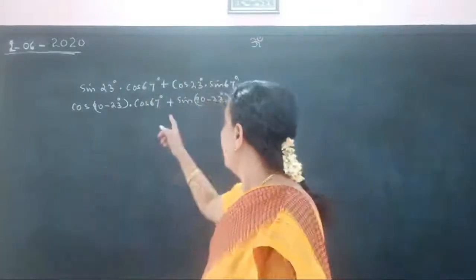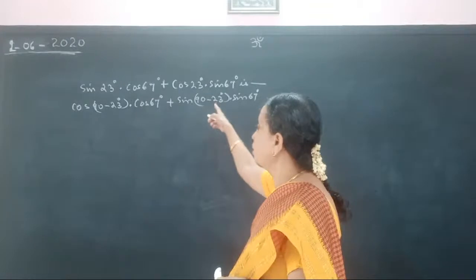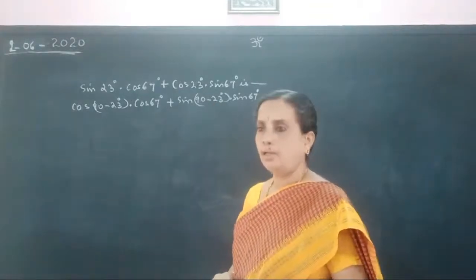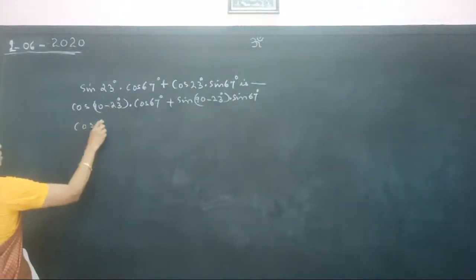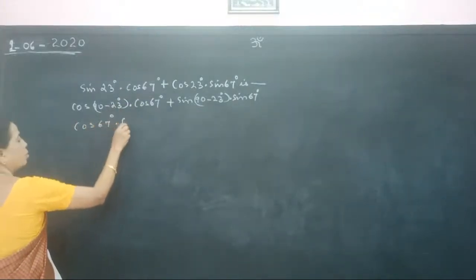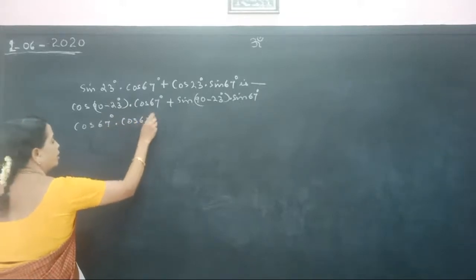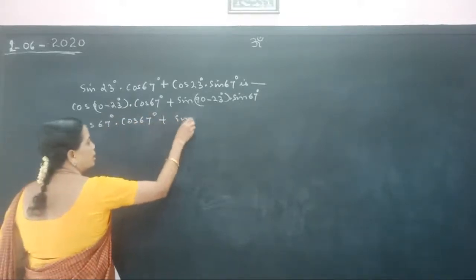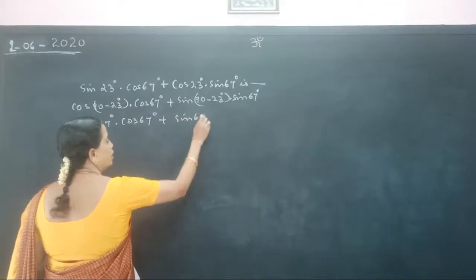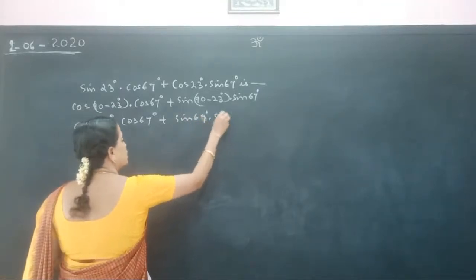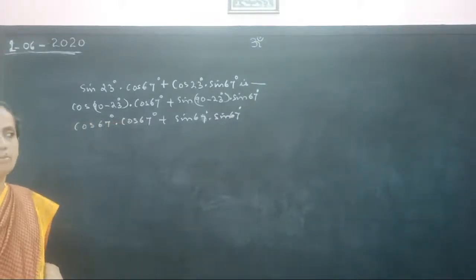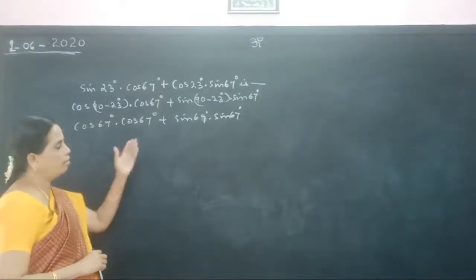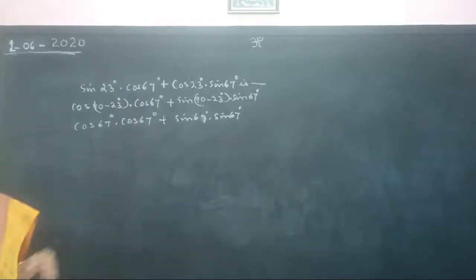Like that, I have applied for sine 23 degree and cos 23 degree. Now the next step: 90 minus 23 is 67, so cos 67 degree into cos 67 degree. Similarly, sine 67 degree into sine 67 degree. It is not necessary to show all the steps for 1 mark, but for your convenience you can write. If you know the answer directly, you can write equal to 1 for 1 mark.